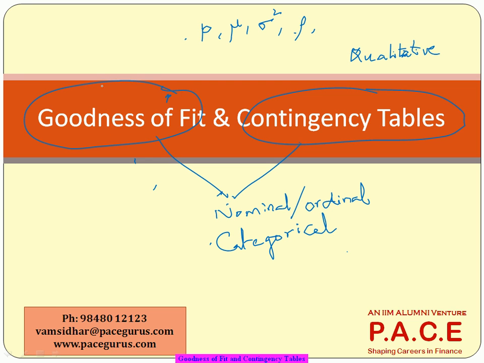So I can very well say that this chapter is primarily addressing categorical data analysis, or qualitative data analysis. Look at it from that standpoint and we'll take it further.